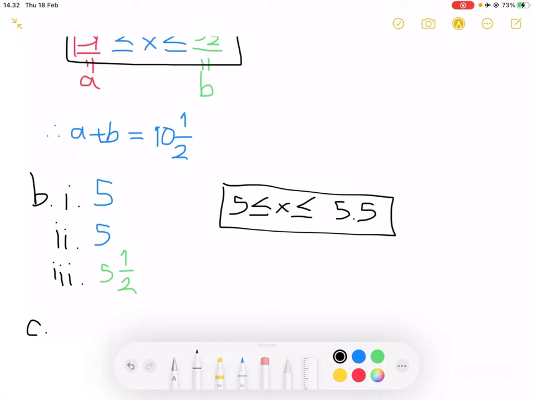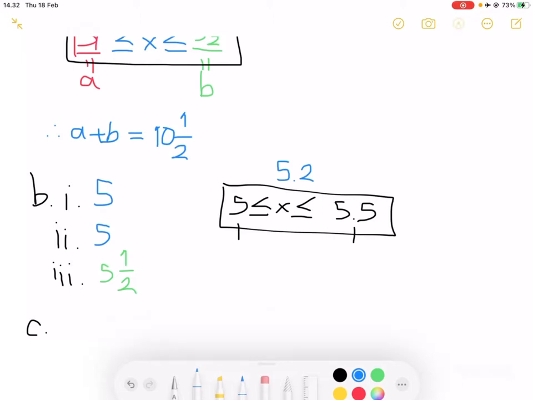So all solutions for x are in between 5 and 5.5, including 5 and 5.5. And notice that 5.2, which is our x number, lies just between them. So if you draw a number line, 5.2 just straight lies between 5 and 5.5.